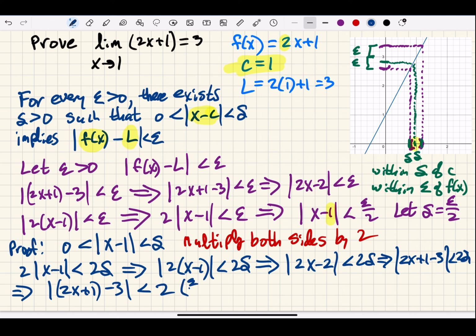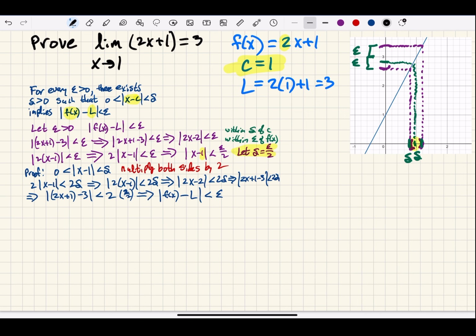Now, why would I do that? Well, that's what we chose delta to be equal to. We chose delta to be epsilon over 2. So this implies that the absolute value of 2x plus 1, which is f of x, minus the limiting value, 3, is less than epsilon.